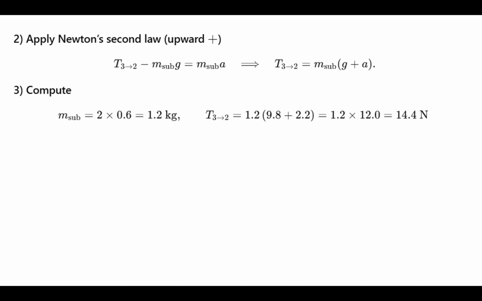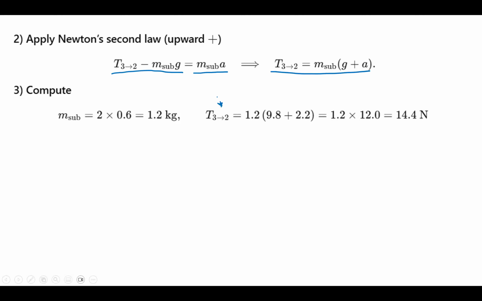And then apply Newton's second law. Tension minus the gravitational force of the subsystem should be the same as F equals ma. So that you get this relationship, and then we can find out the T32.